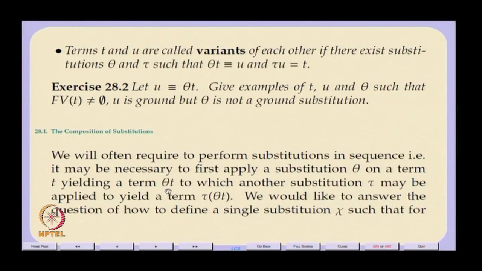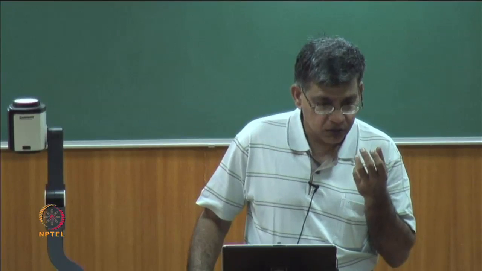So supposing I have two different substitutions theta and tau, and for a given term t I first apply theta. So, I get a new term t prime, and then I apply tau on t prime, I get a new term t double prime. So, the effect of doing tau after theta is the composition.